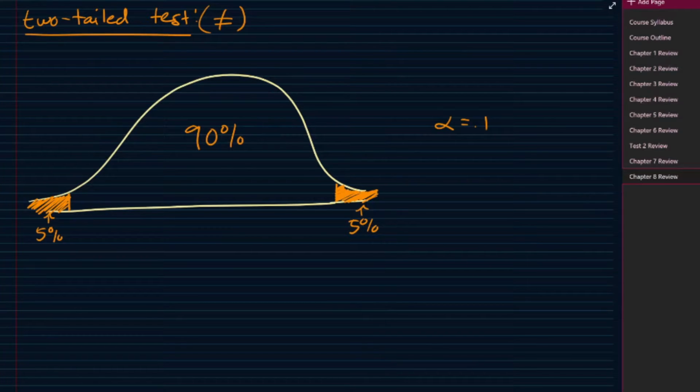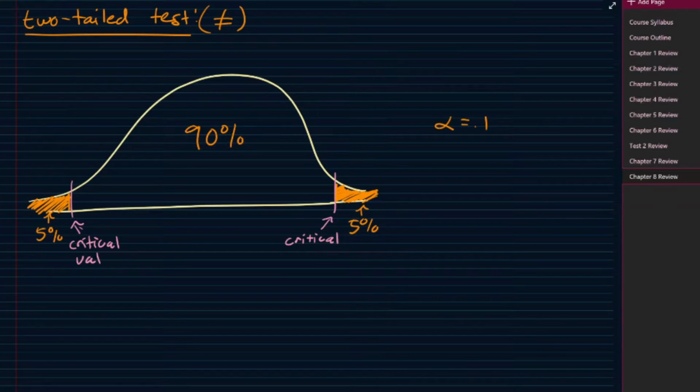And then, as usual, the critical values will be at these cutoffs, essentially, of being in the critical range or not. So those are what the critical values are. It's the cutoff of the critical range. And these critical values are going to be the same magnitude.